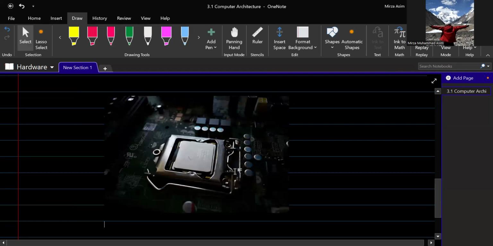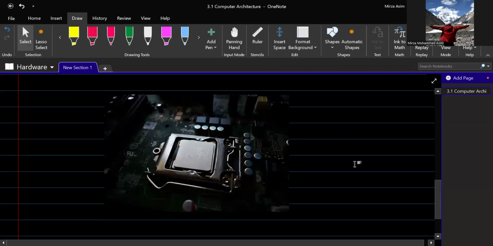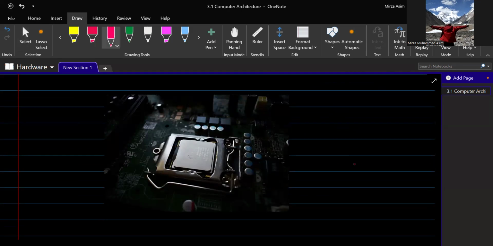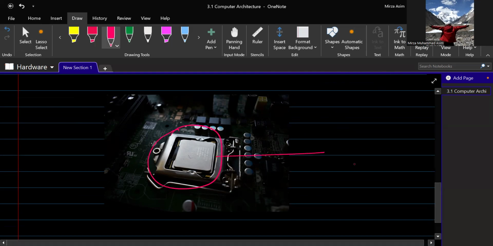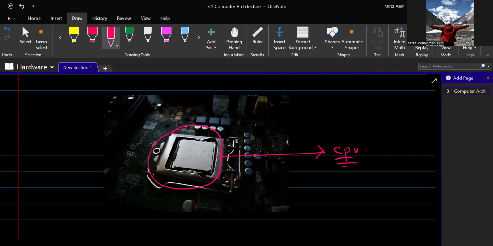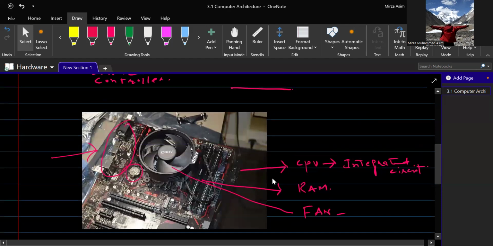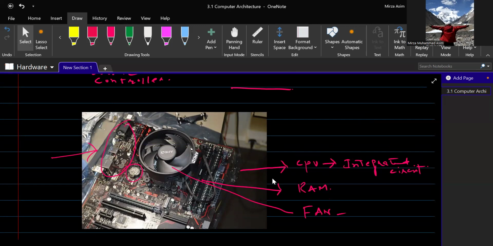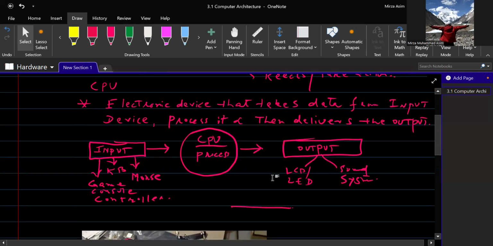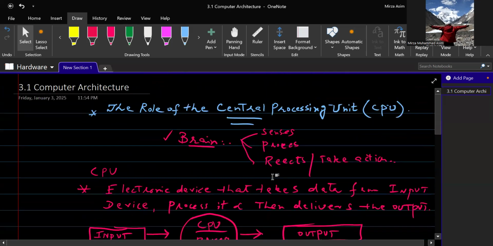How does it look like? This is the CPU, a very small part. This is the CPU, central processing unit, right? That is very delicate. It is installed as an integrated circuit on the physical microchip on your motherboard.